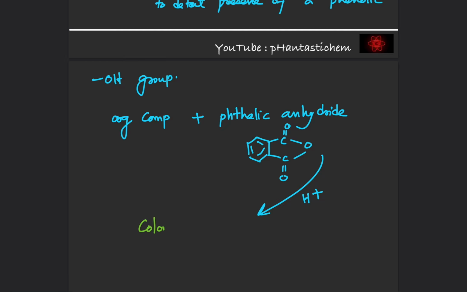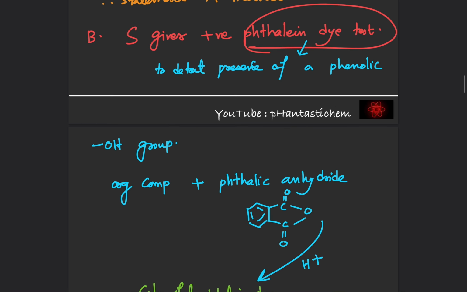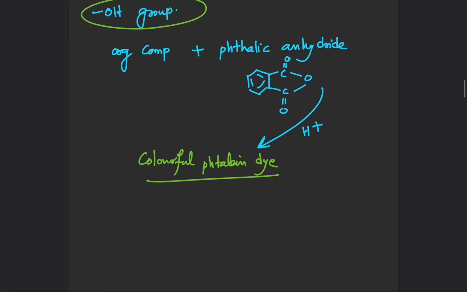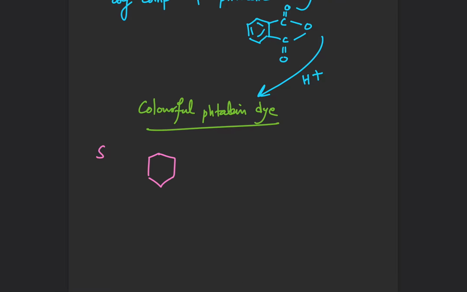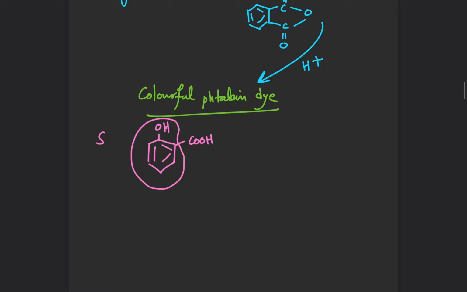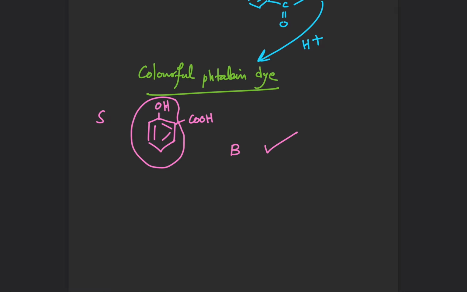Okay, so it gives us a colorful phthalein dye, which confirms the presence of a phenolic OH group. Okay, so S is, we have already derived, S is salicylic acid, that is OH and COOH. It contains a phenolic OH group, as you can see. Okay, so therefore it gives positive phthalein dye test, so therefore B is a correct statement. Okay, cool.